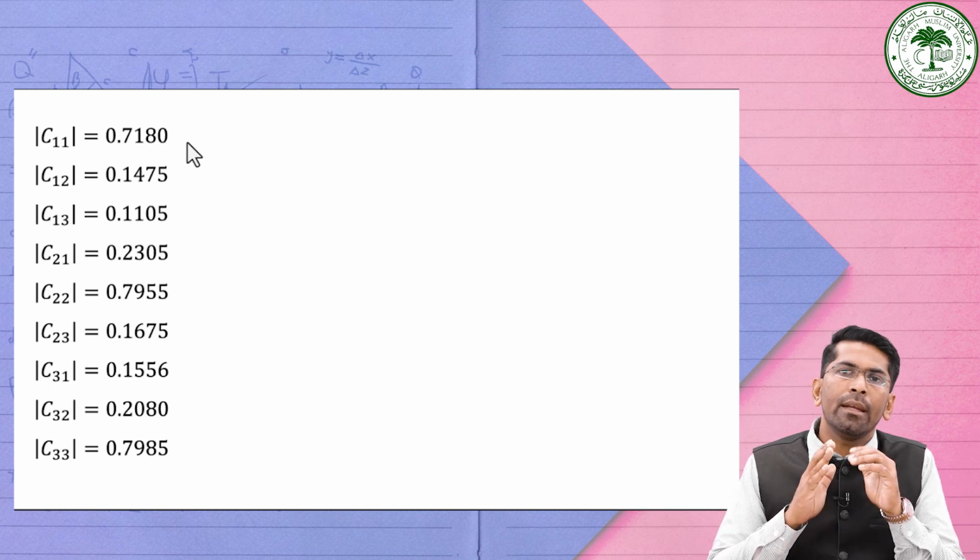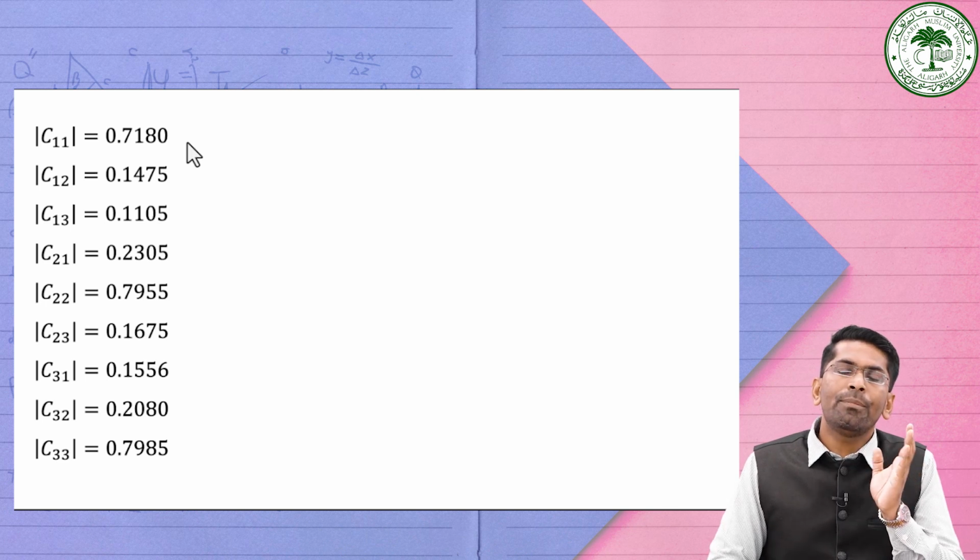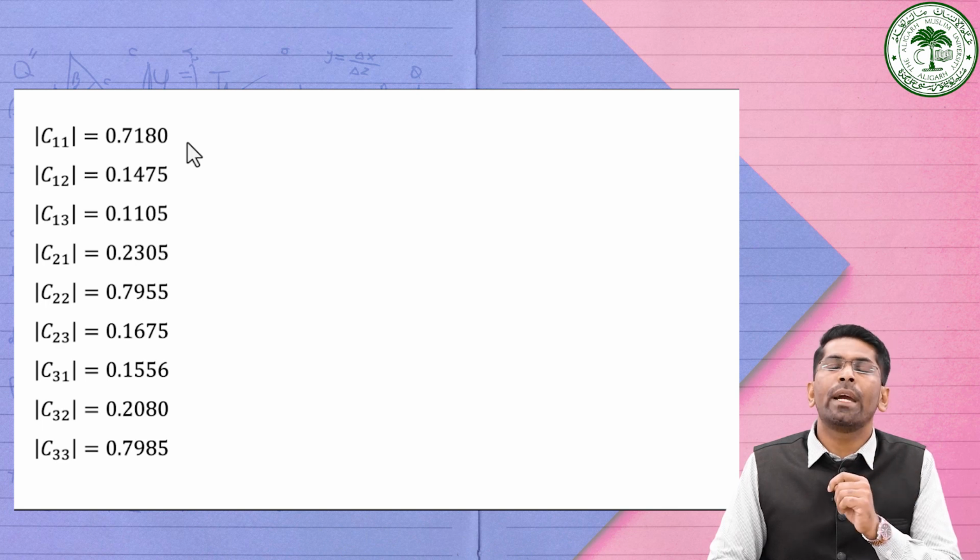After finding the 9 cofactors, we can go for calculating the cofactor matrix by replacing the elements in the original matrix with the cofactor elements.